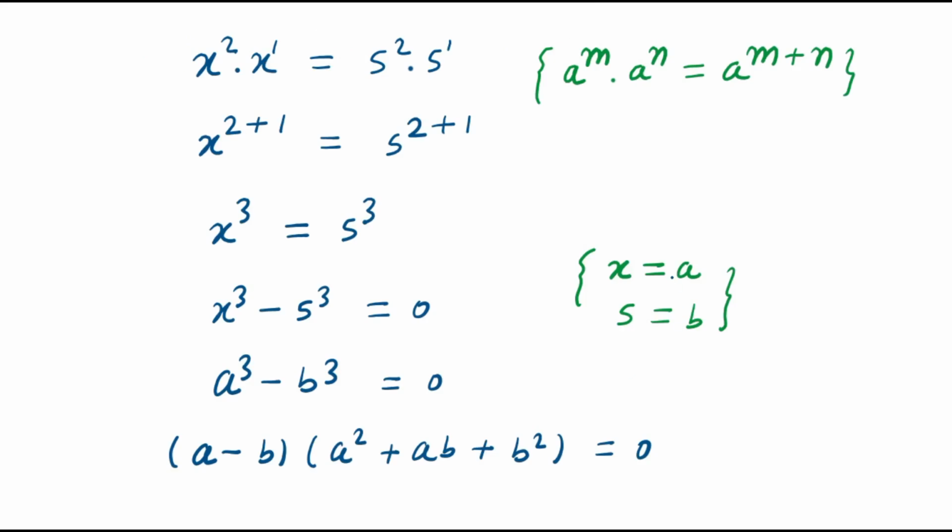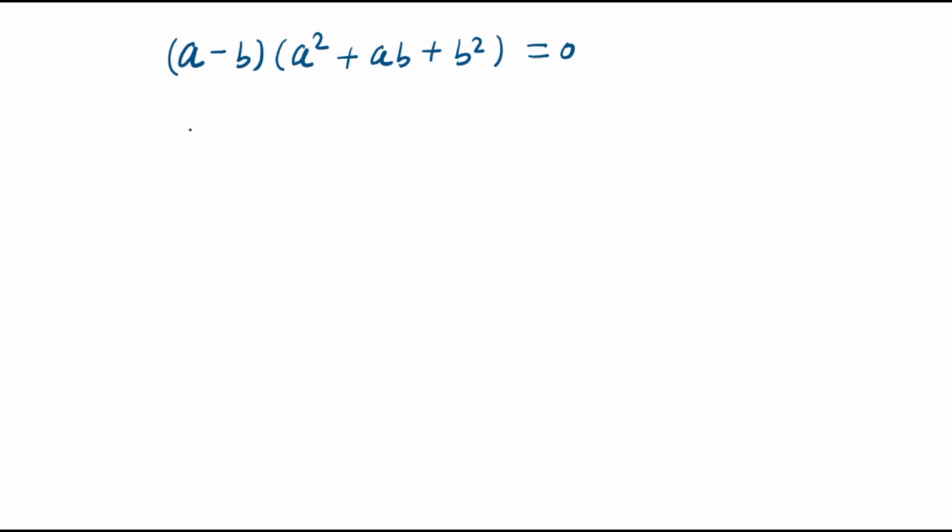Now a minus b multiplied by a square plus ab plus b square is equal to 0, where a is x and b is 5. A is replaced by x, minus b is replaced by 5.